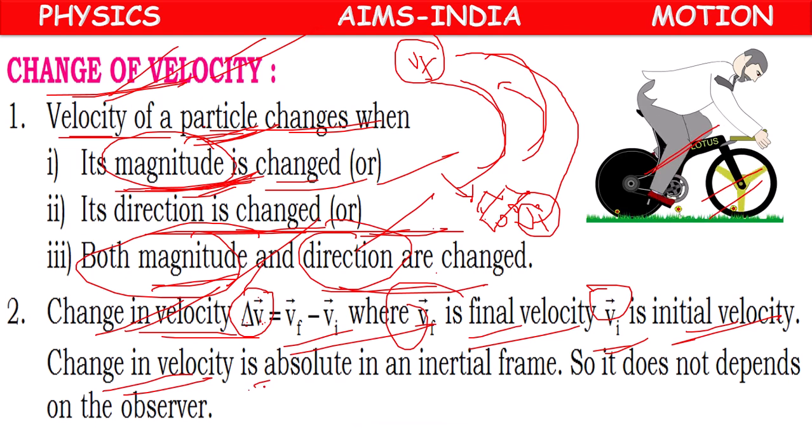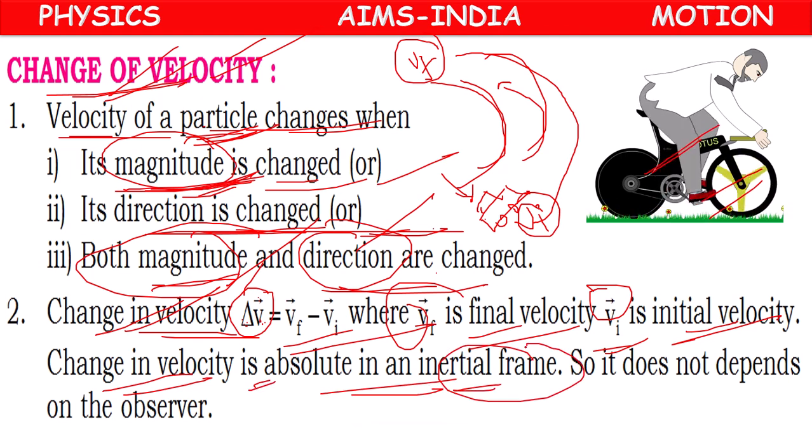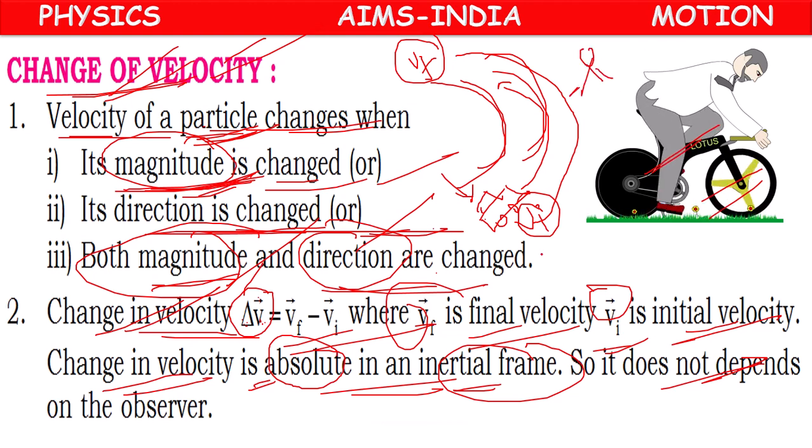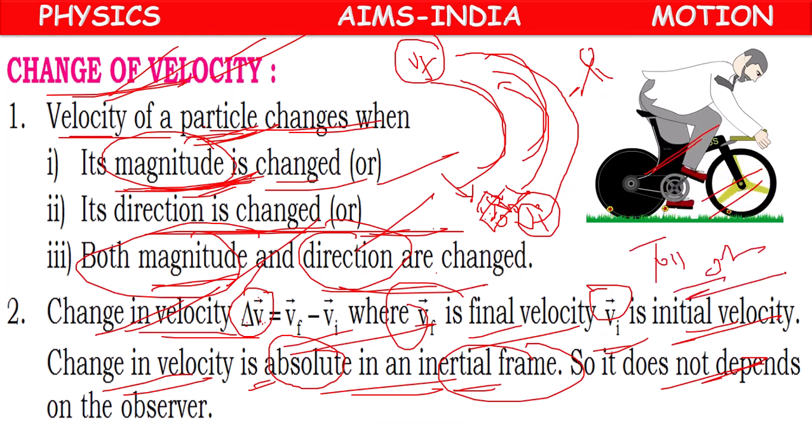So change in velocity is absolute in an inertial frame. Absolute means it never depends on the observer. Suppose one observer is here, or one observer is in the car, or one observer is near the toll gate. We can observe from anywhere, but the change in velocity in the car will be the same for everybody, because it is not a relative term, it's an absolute term, means it is fixed.